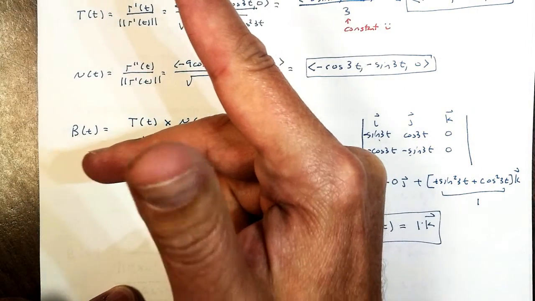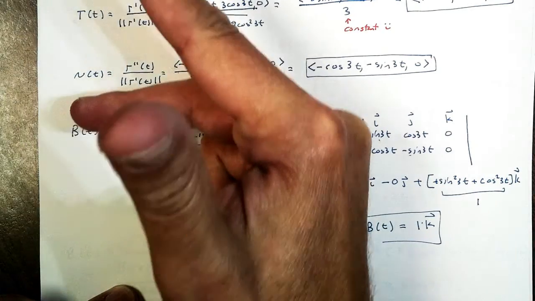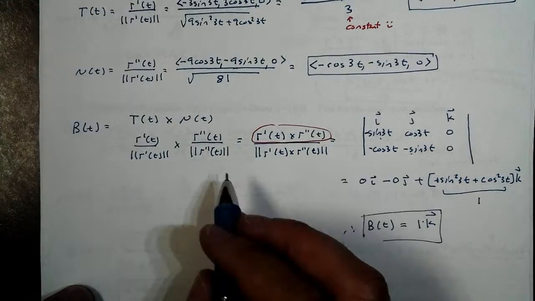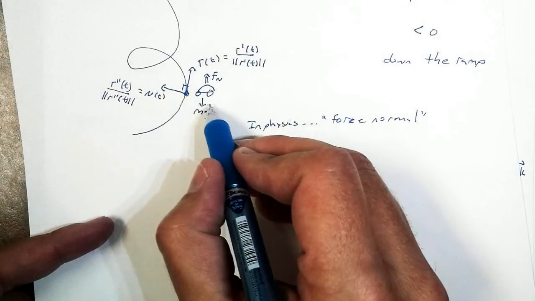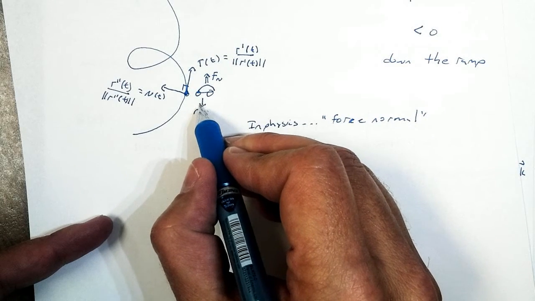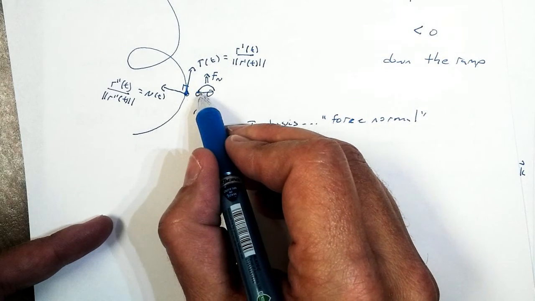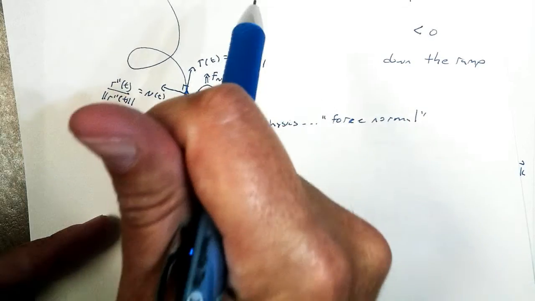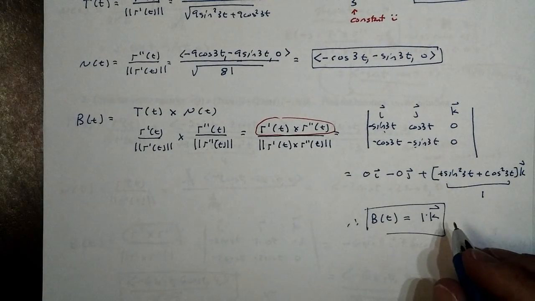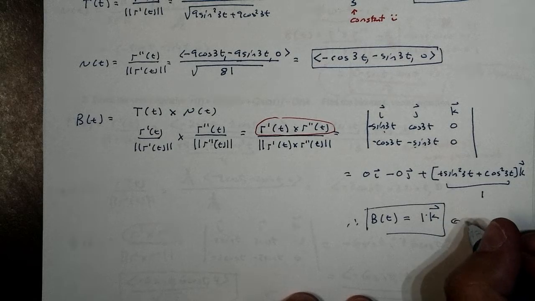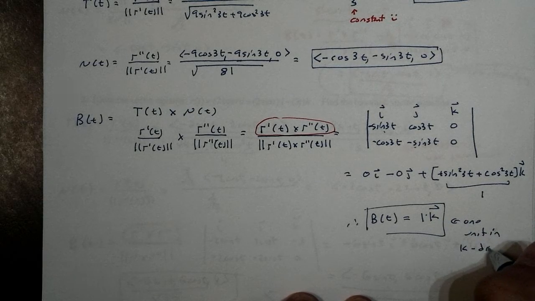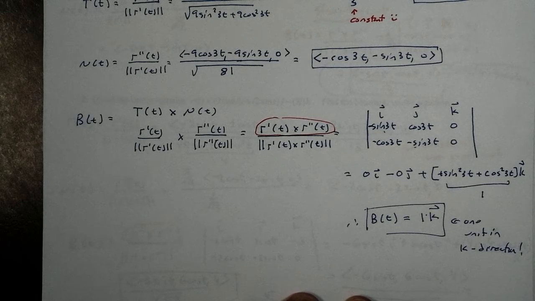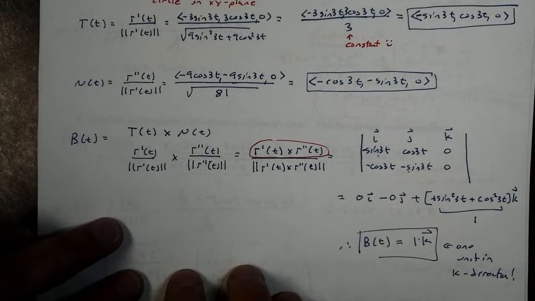When we looked back at our example with the car, if you're going around in a circle, you have the force of gravity and weight of the car going straight down, and the normal force goes straight up. So in other words, this is 1 unit in the k direction. Okay, so that's question number 2.